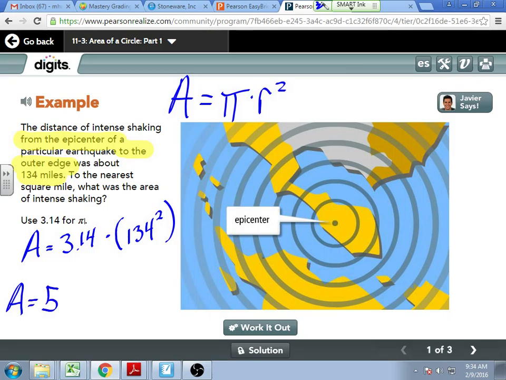Can we say it in proper form? Because I can't. 56,381.84. And then my label on that? Miles squared. Miles with the square, or you can write square miles, SQ MI.